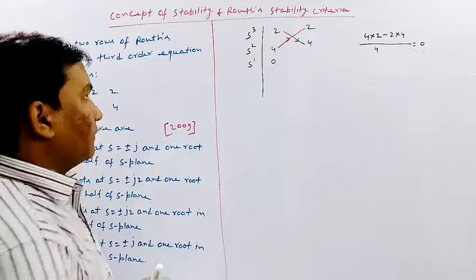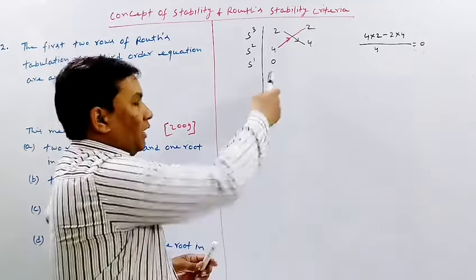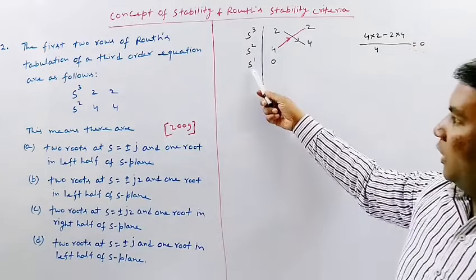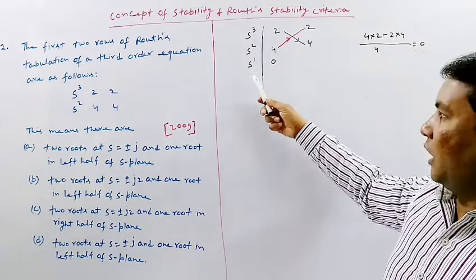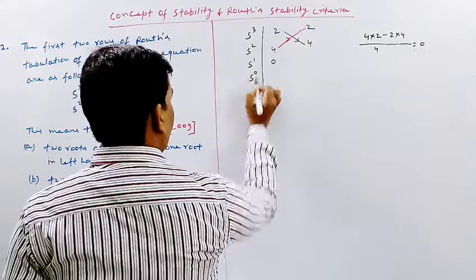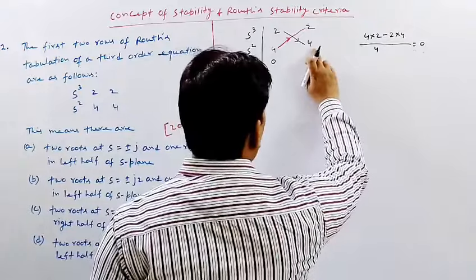So here the difficulty of Routh's array arises, because if we calculate the next term, that is s to the power 0, then what will happen? This 0 gets multiplied by 4.